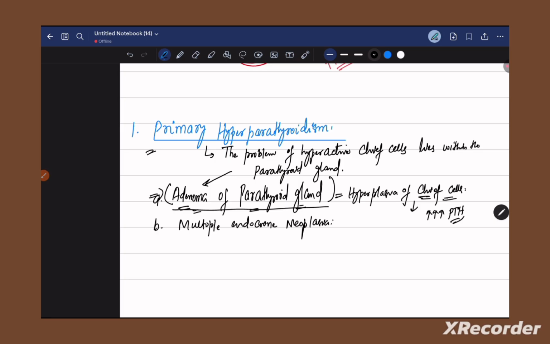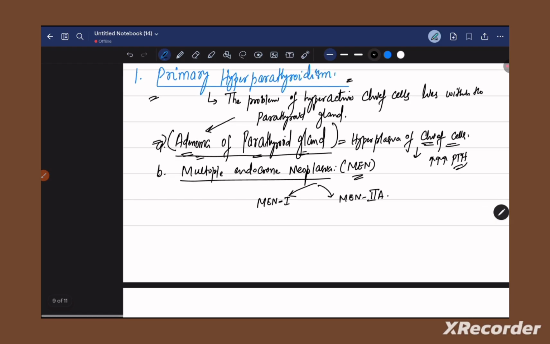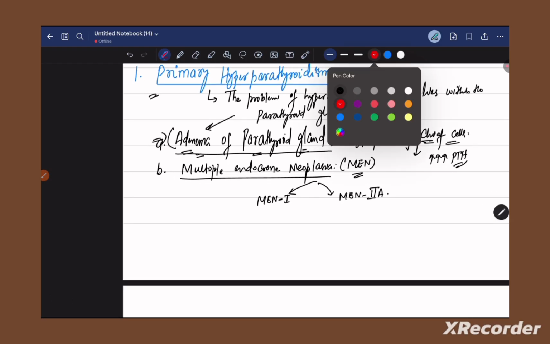So this is also the second cause of primary hyperparathyroidism in dogs and cats. This is of two types: multiple endocrine neoplasia first and multiple endocrine neoplasia second A. Okay, so this is the classification of multiple endocrine neoplasia.